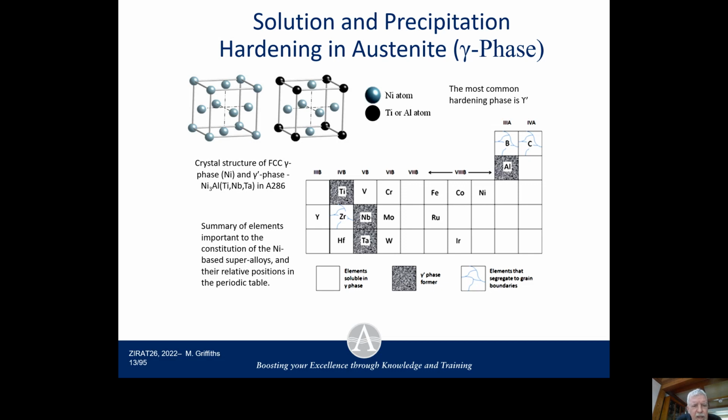This type of precipitate is very common in superalloys because it has the interesting attribute that the yield strength, or the CRSS, in this gamma prime material increases with increasing temperature.